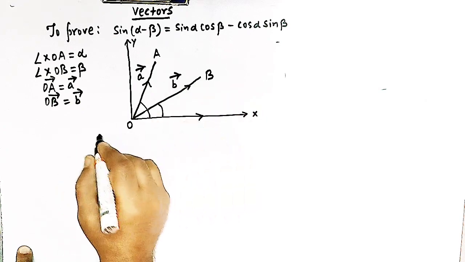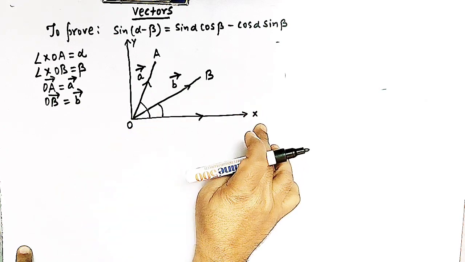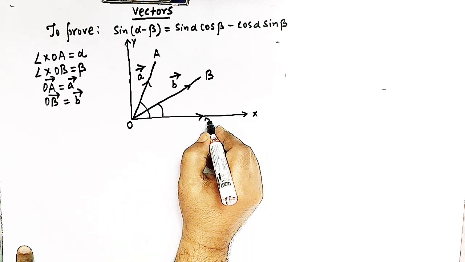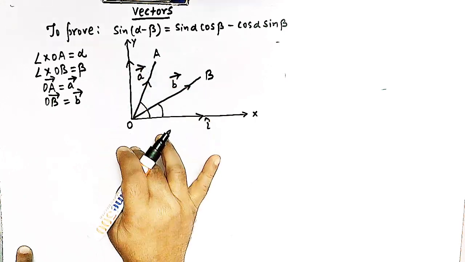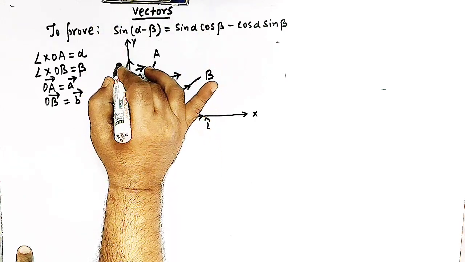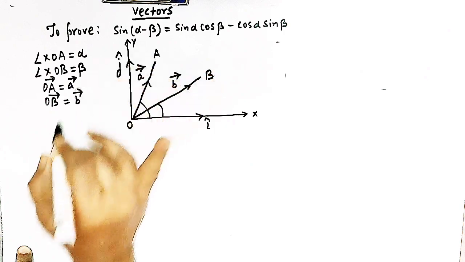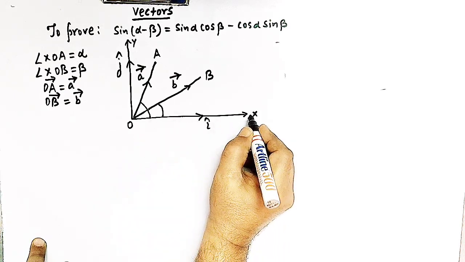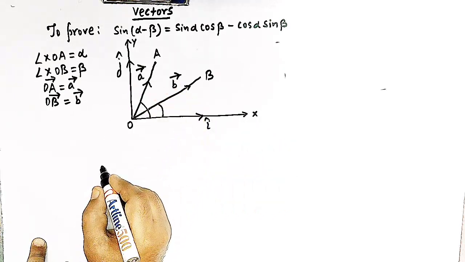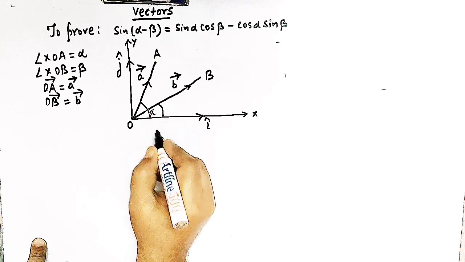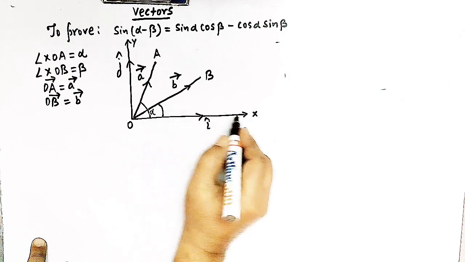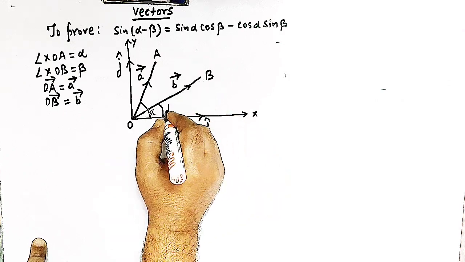Now here along the OX axis we have the unit vector, that is i cap, and here along the OY axis we have the unit vector, that is j cap, right? And O is our origin. So now here we have angle XOA as angle alpha, and angle XOB is beta.